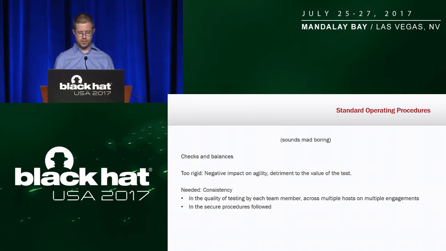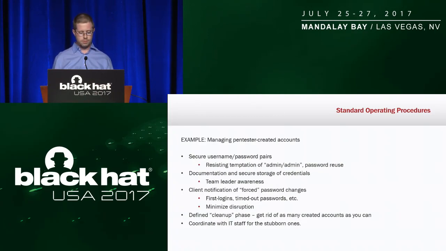Standard operating procedures: boring, but you want to have some stuff in place for your testers. When your testers create accounts on a target system, for example, how do they go about doing that? Are they always using root, or pentester, or obscene things sometimes?